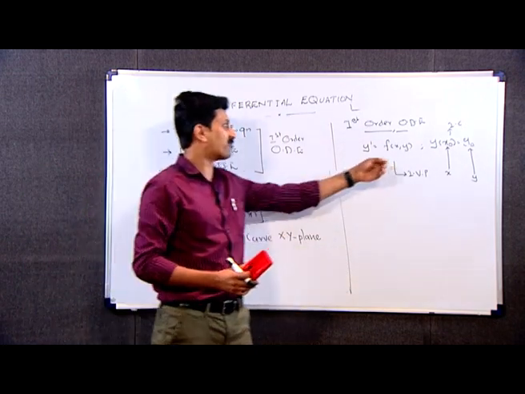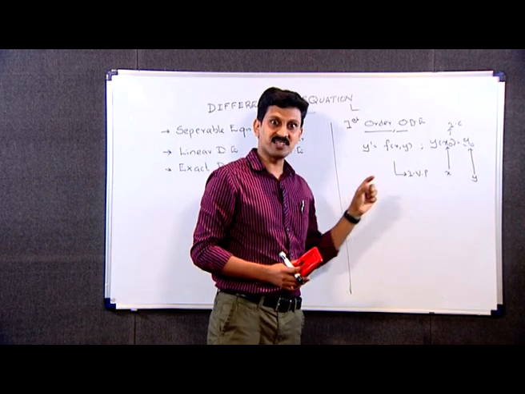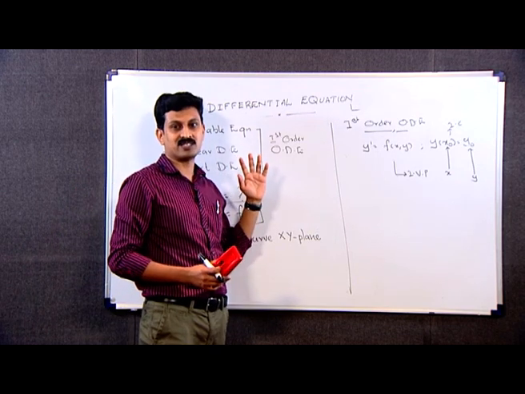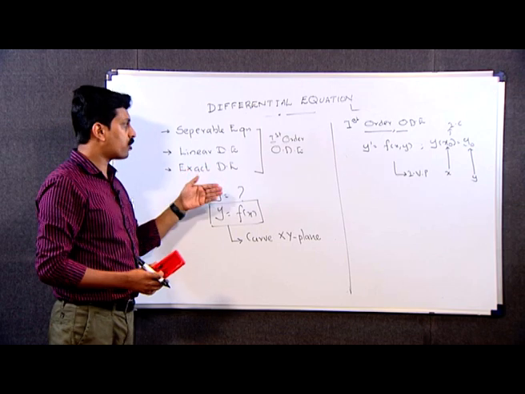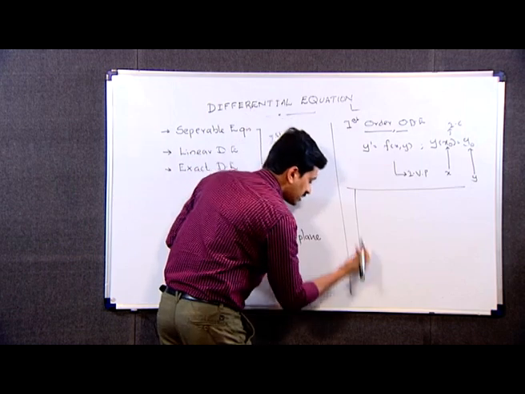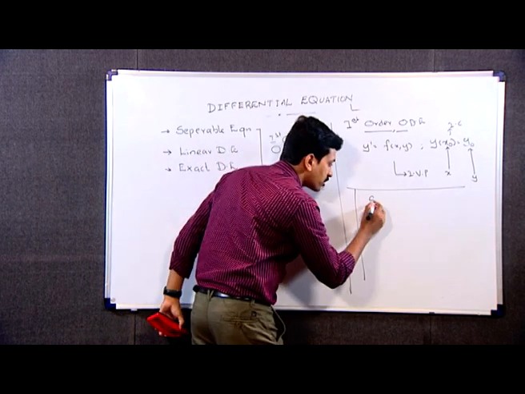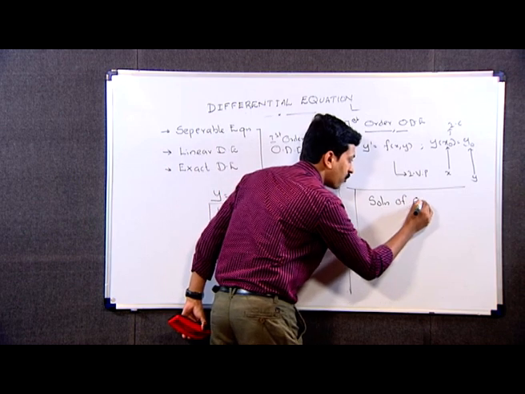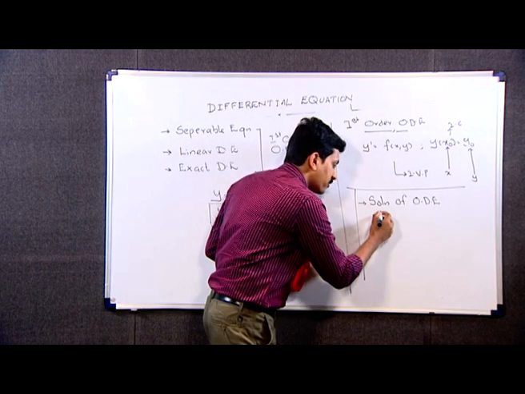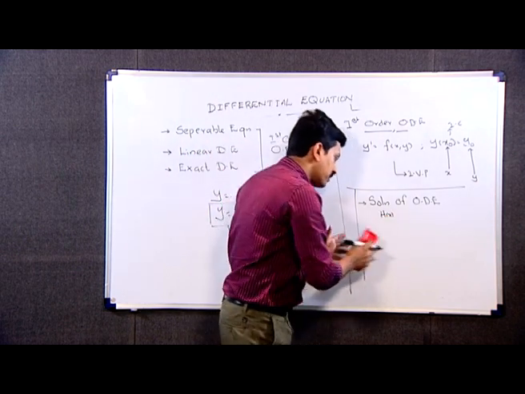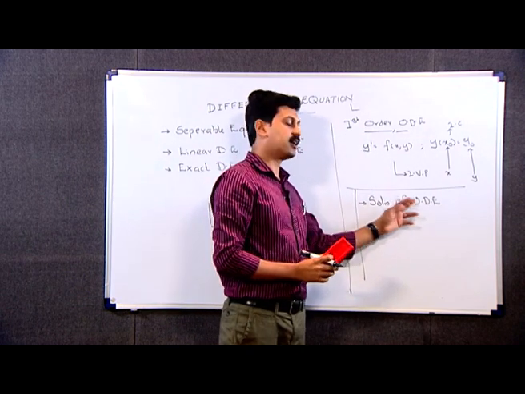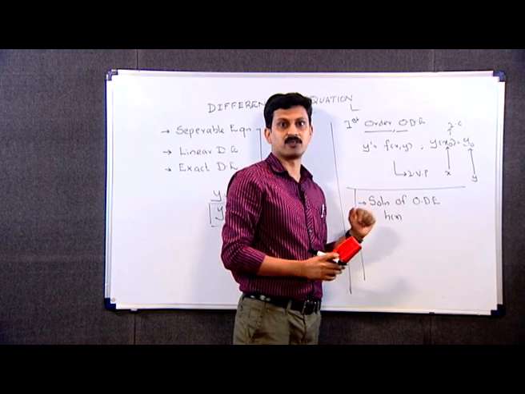If it is an initial value problem, you can have a particular curve from the general solution as the particular solution. So, our aim is to solve a differential equation, an ODE. We discussed in this session what the solution of an ODE is. A solution of an ODE is all functions of the form h of x which satisfy the corresponding ordinary differential equation.